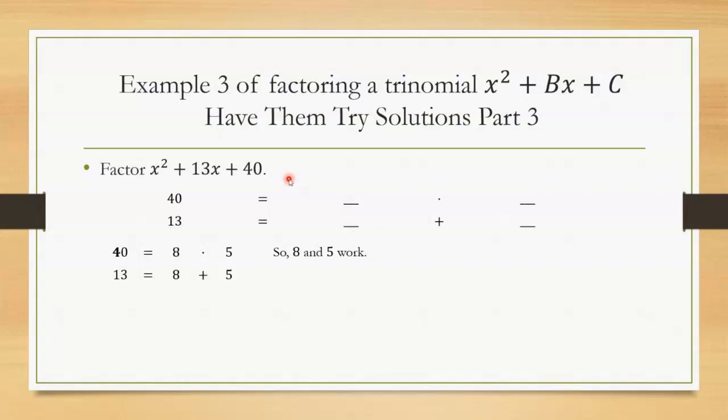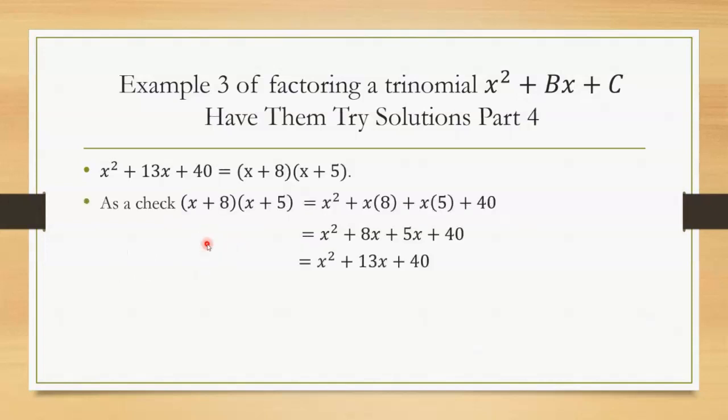What two numbers do that? You might think 10 and 4, but those are not going to work because the sum has to be 13. But as you can see here, 8 and 5 will work, because their product is 40 and their sum is 13.